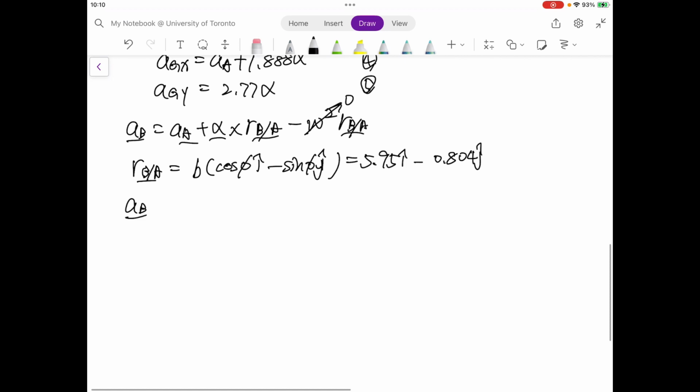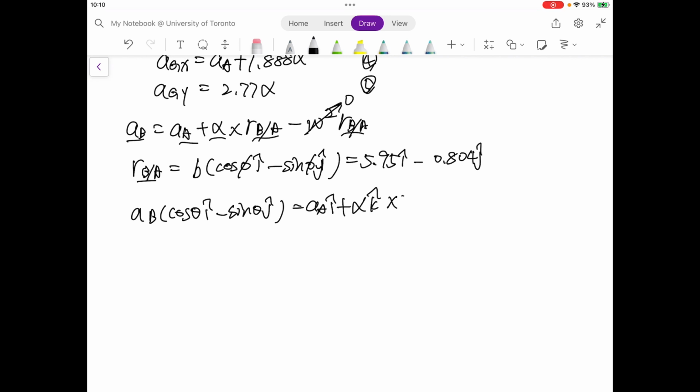Then a_B cosine theta I minus sine theta J is equal to a_A I plus alpha K times 5.95 I minus 0.804 J. So in I direction, a_B cosine theta is equal to a_A plus 0.804 alpha.